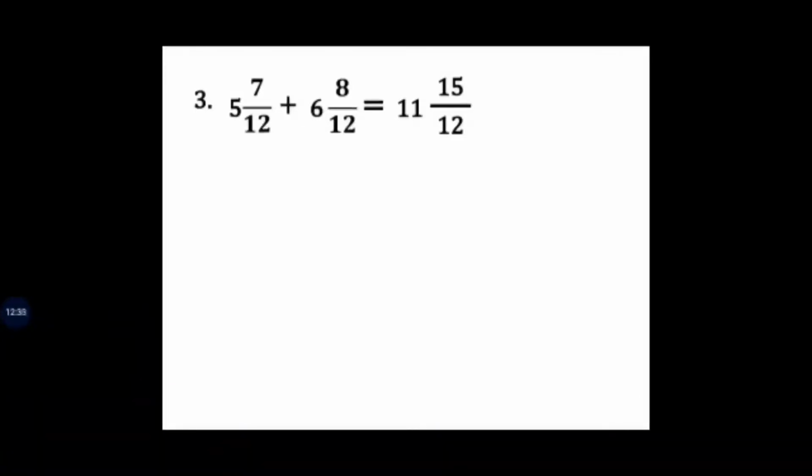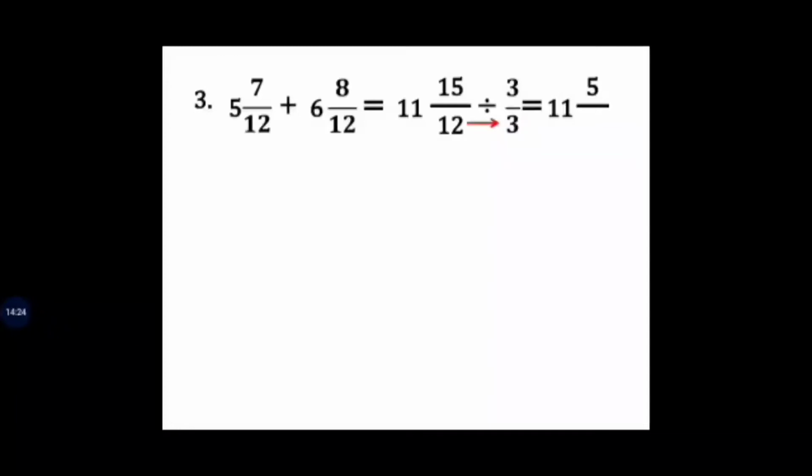Since 15 over 12 has a common factor of 3, we will use now 3 over 3 to divide 15 over 12. So next is we have an equal sign and copy the whole number 11 here, then a fraction sign, then divide now 15 by 3 and it gives the quotient of 5.